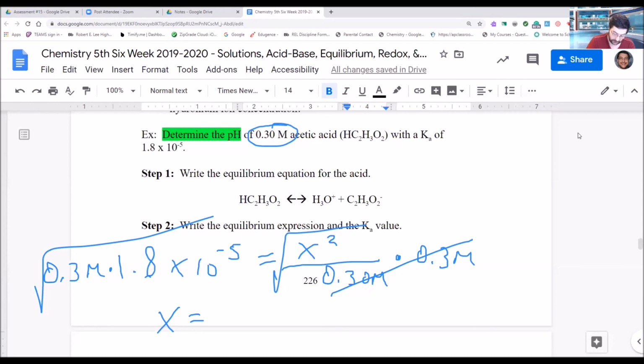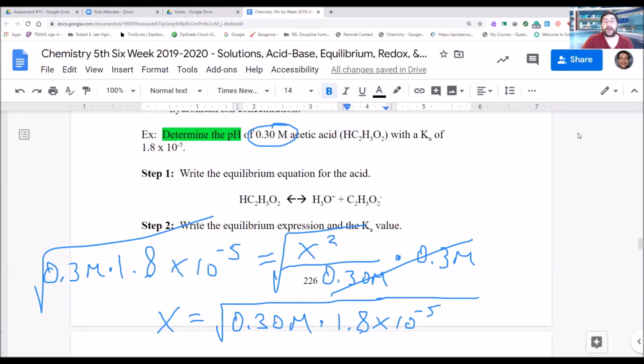So we're going to say x is equal to the square root of 0.30 molar times 1.8 times 10 to the negative fifth. Usually, you know that I'm a stickler for units, and I would typically have a unit for that Ka value. But units for Ka and Kb, the base constant values, actually change depending on what kind of reaction we have.